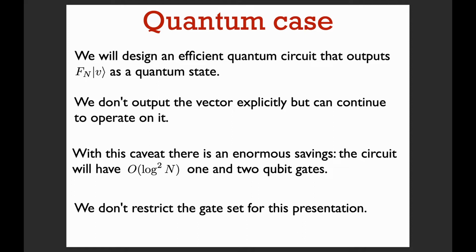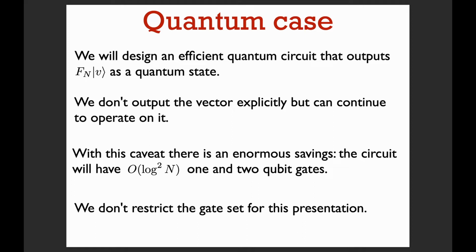With that caveat, there's the potential for us to get sublinear running time, because we no longer have to explicitly write down all the entries of the vector. Indeed, we're going to be able to output this Fn times v as a quantum state by a circuit that only has log squared n many 1 and 2 qubit gates.